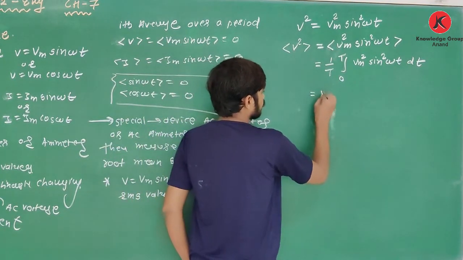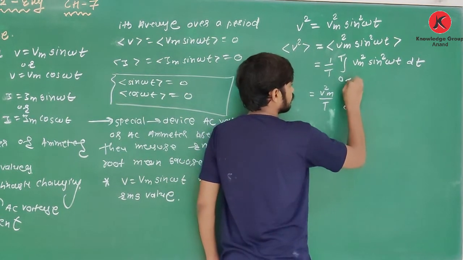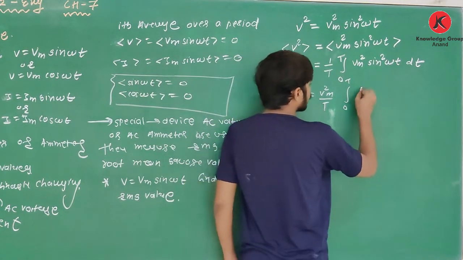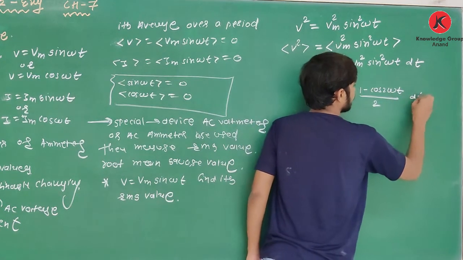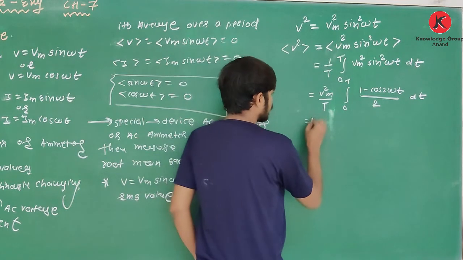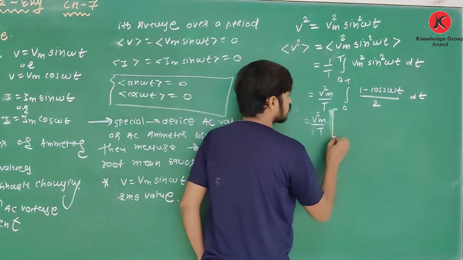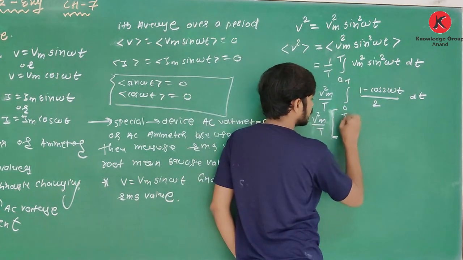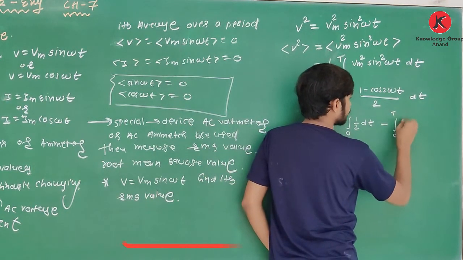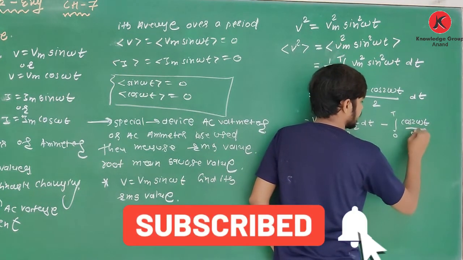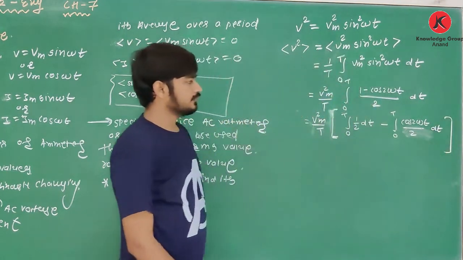So it is Vm²/T ∫ from 0 to T of sin² ωt, which means (1 − cos 2ωt)/2, dt. So it is Vm²/T common. In the bracket, it is ∫ from 0 to T of 1/2 dt, then minus ∫ from 0 to T of cos 2ωt/2 dt. Yes or no? Yes, it is.